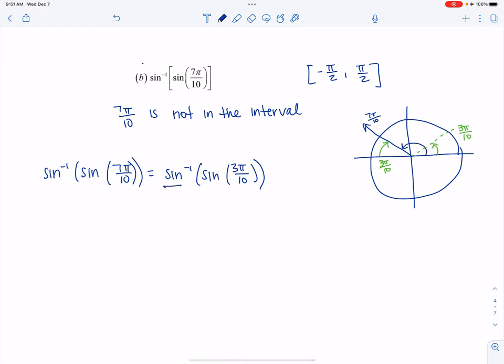And we have sine inverse of sine. Those undo each other. They're literal inverses of each other. So we're left with 3 pi over 10. And that's our exact answer.